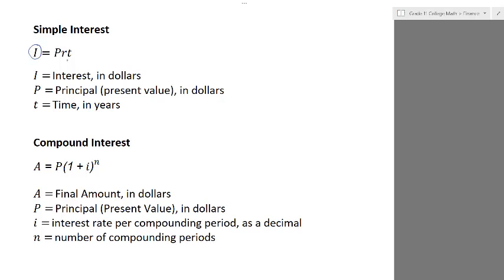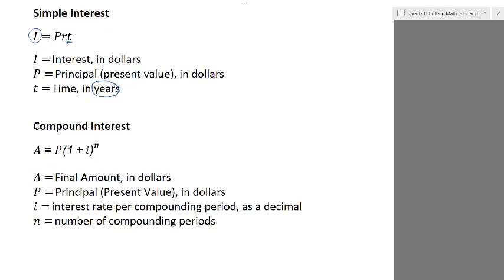Okay, and remembering that the time has to be in years. So if it's not in years, you need to convert it to years. And then for compound interest formula, it's not I is equal to, it's A is equal to. And this A is the final amount. So that A includes both the interest and the principal. They've already added it together to give you the final amount.